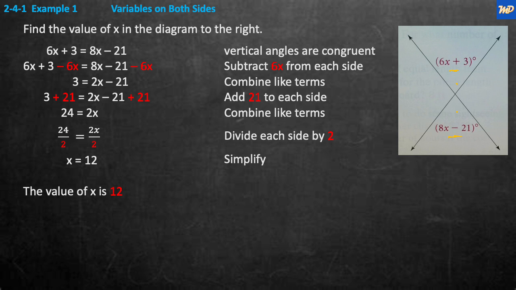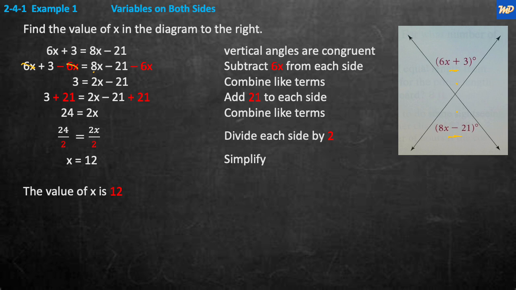When we do that, the 6x's disappear on one side, and on the other side 8x minus 6x combines to give 2x. Then you still have the 3 and the 21, so 3 is equal to 2x minus 21.